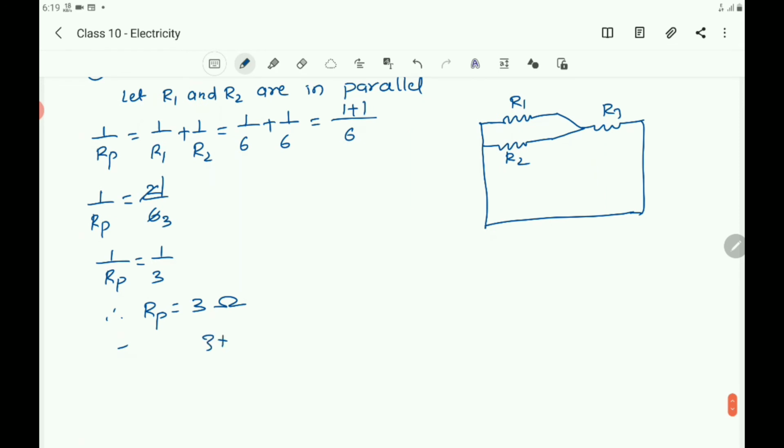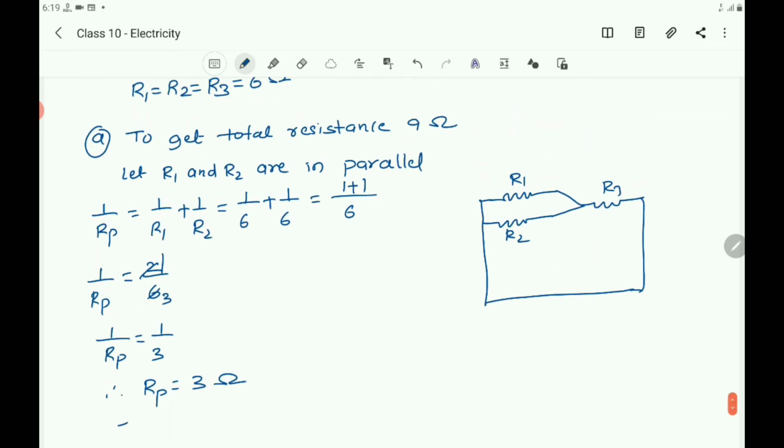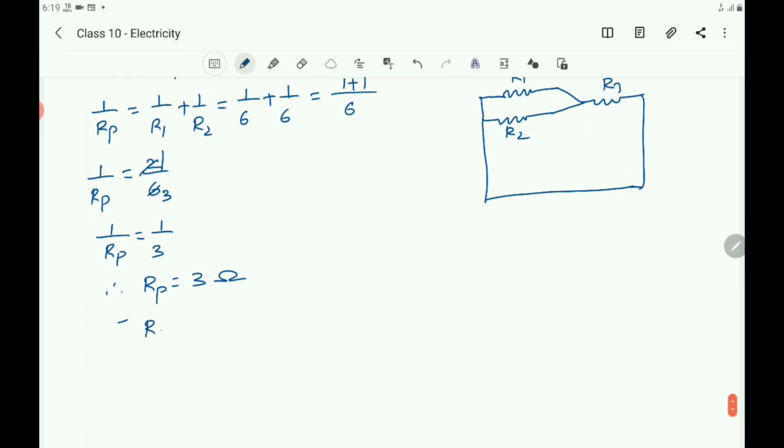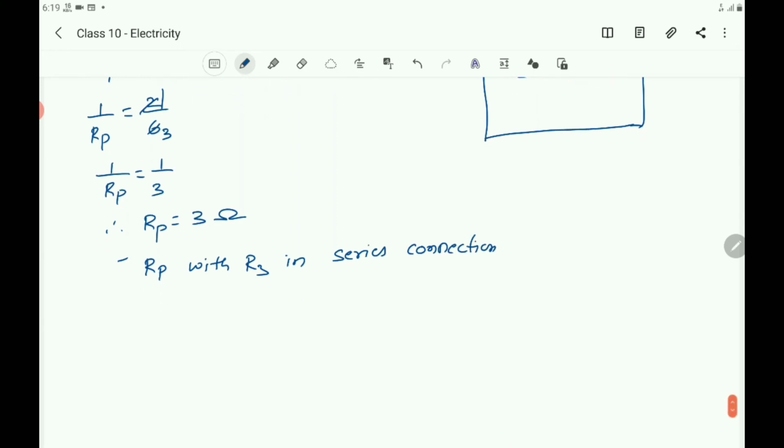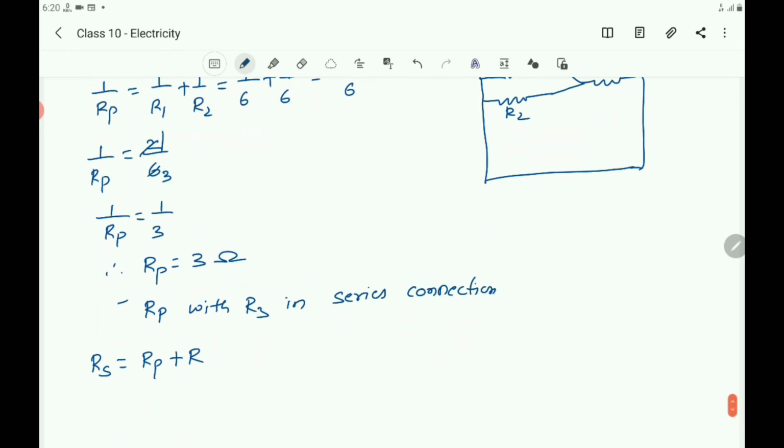And you know that 3 plus 6 equals 9. So this combination is connected with R3 in series connection. So in series Rs equals Rp plus R3.